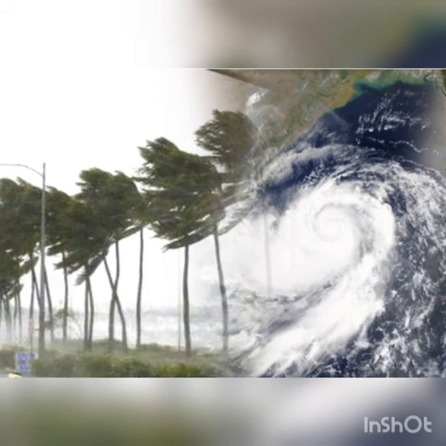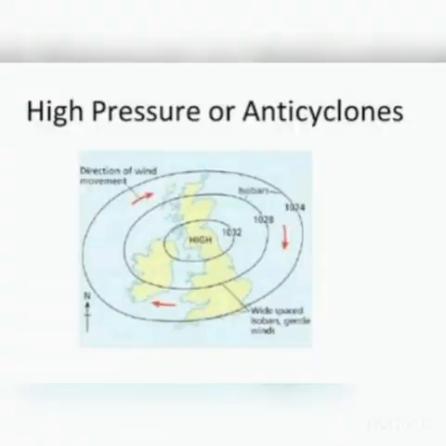Now, a cyclone system moves from one place to another, and the anticyclones are experienced in the high pressure belts. Winds in these regions are always moving out, and so the rainfall also is quite low in these areas.